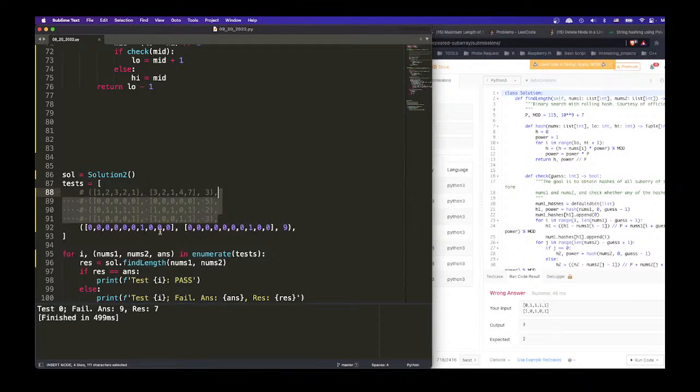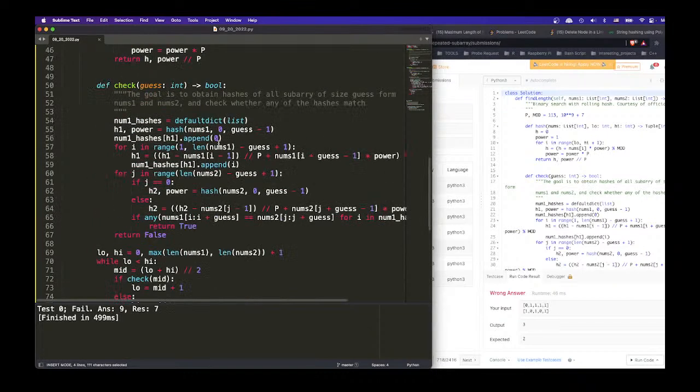Eight, 9. Oh, they're of different size.